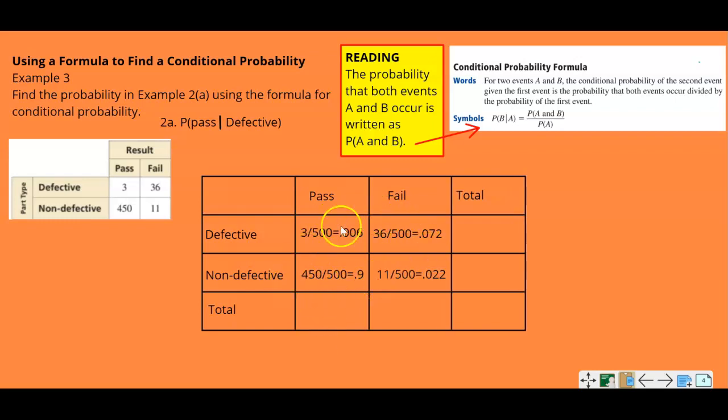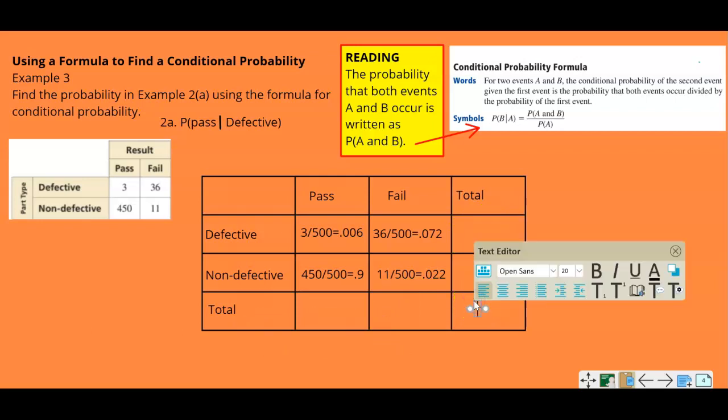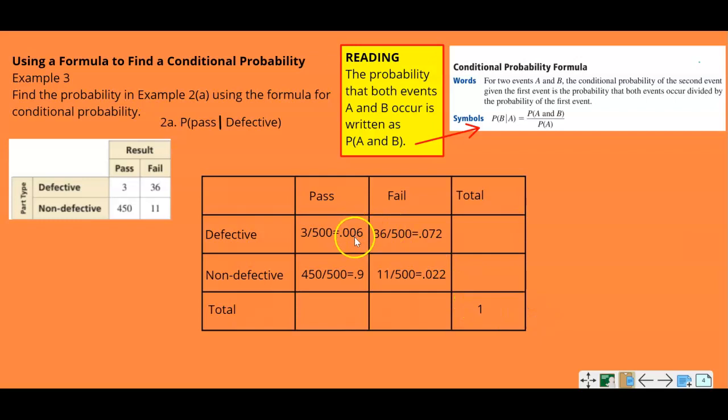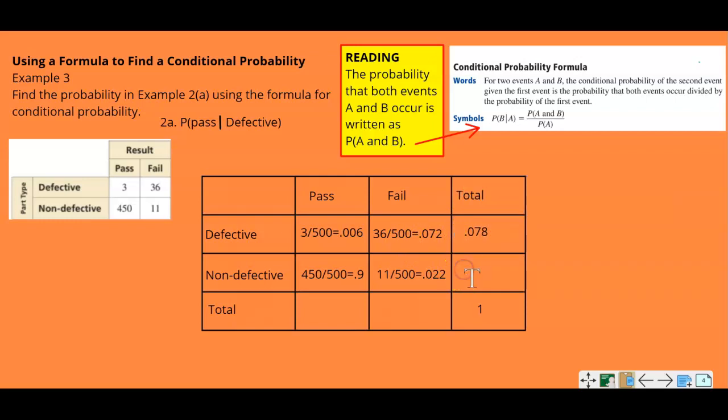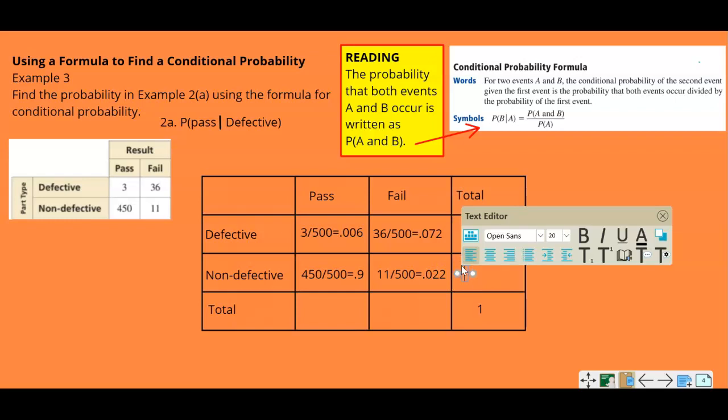All right, so these would be the joint relative frequencies. To find the marginal relative frequencies, remember, those are just going to be the totals. The total here is always going to be 1. Then we add up across the rows, and down the columns. So 0.006 plus 0.072 is 0.078. Then 0.9 plus 0.022 is 0.922.